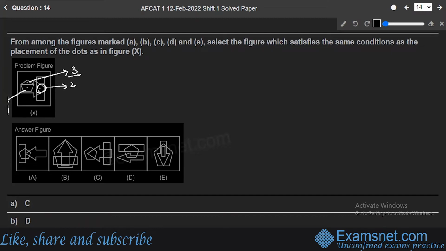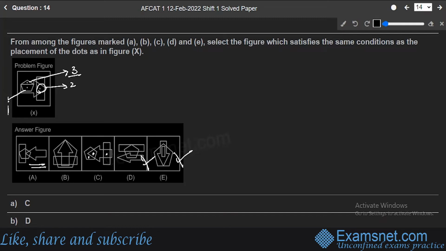If I'm looking at the third figure, the C figure, there is one portion which is common to the pentagon and the arrow. There is one portion which is common to the arrow and this rectangle, right? And this one portion is only, this dot can come only in the region of the pentagon, and none of the other options is matching with the pattern of dots.